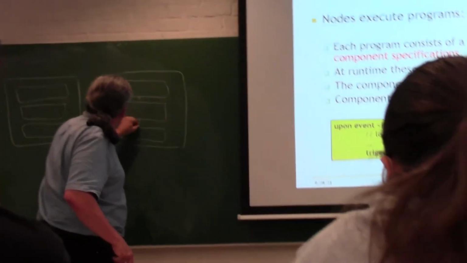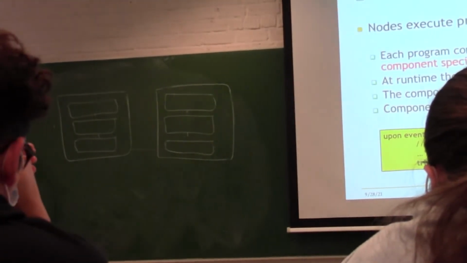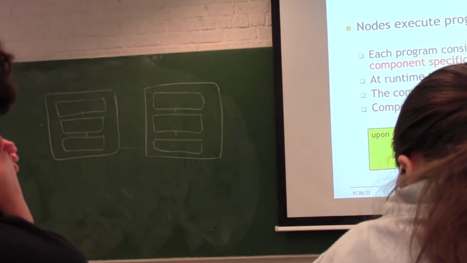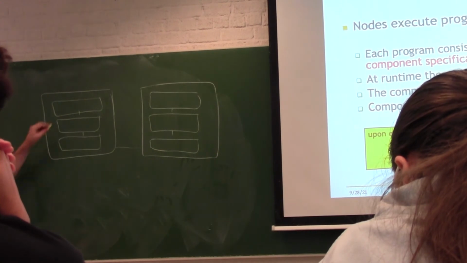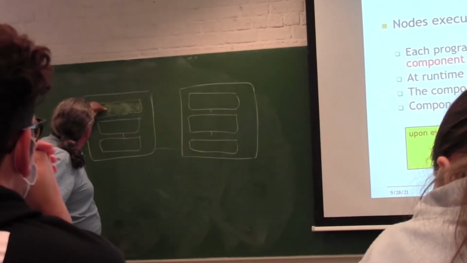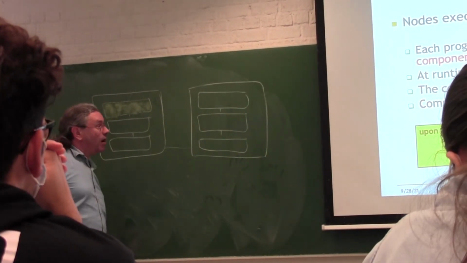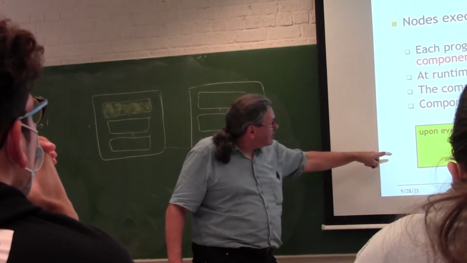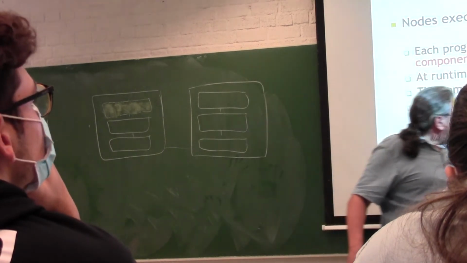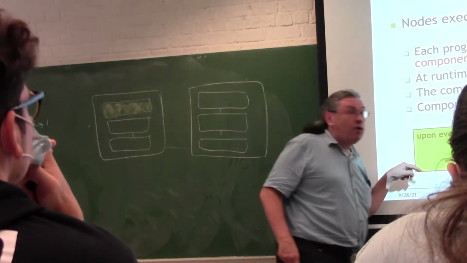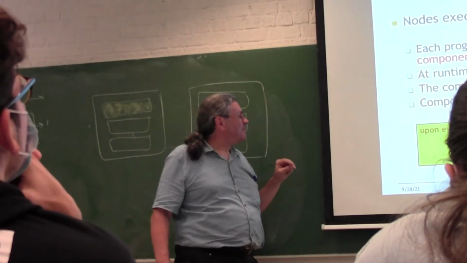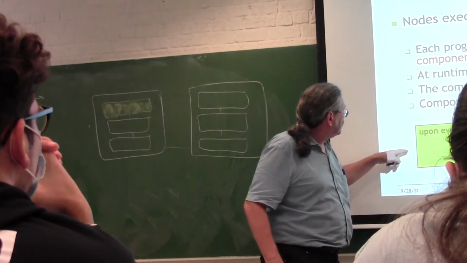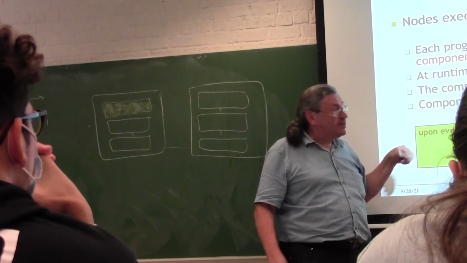On each node, kind of like a stack. Each of these is a yellow box. This yellow box is important. It is like a concurrent thing, like a concurrent agent. It receives messages and sends messages.